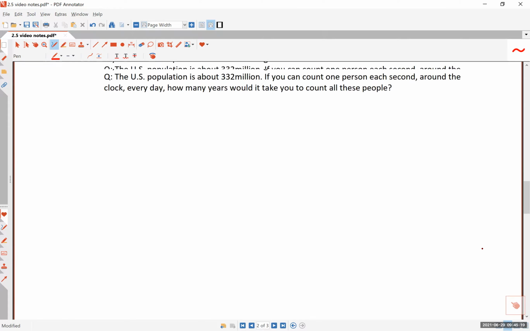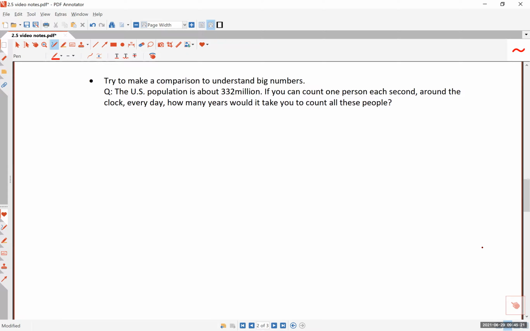Okay, finally, let's do this last question. Try to make a comparison to understand big numbers. The US population as of the most recent census is about 332 million people. Now that's a lot of people, right? We have a hard time understanding a number like 332 million.